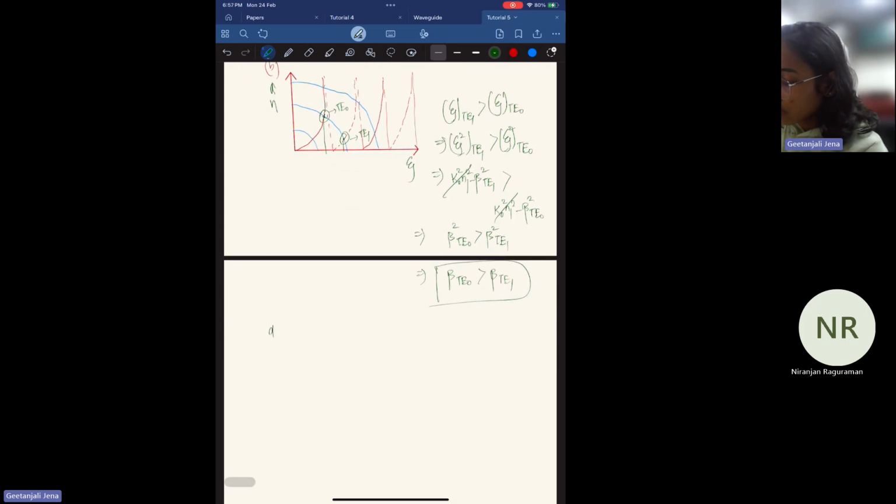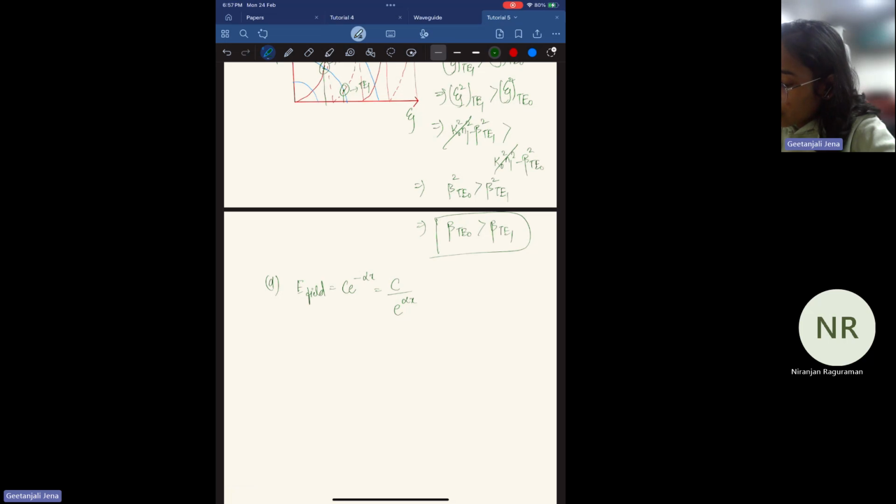It depends on the value of alpha. If we recall the field in the cladding, you can write it as C e to power minus alpha x, so C over e to power alpha x.